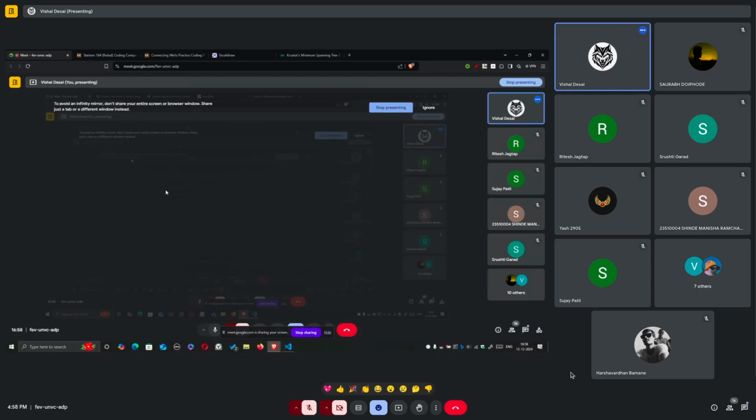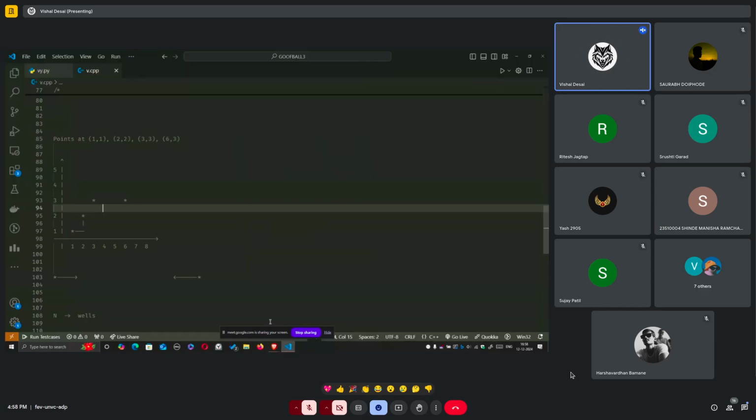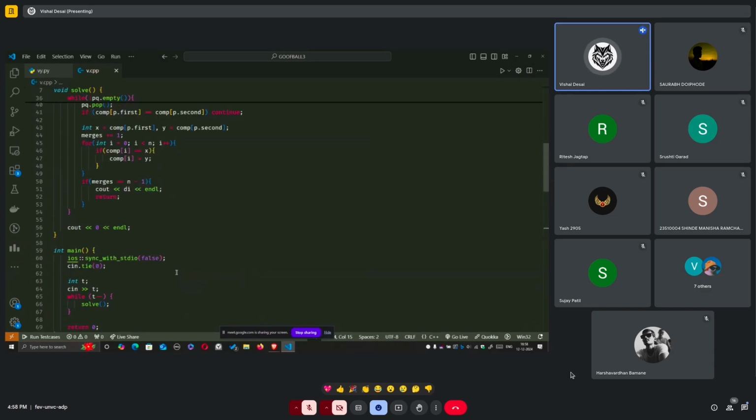Now everyone must have got it, I guess. Okay, fine. So basically calculate each and every distance and then we will remove as we go. Now let's move on to the implementation that we were doing.